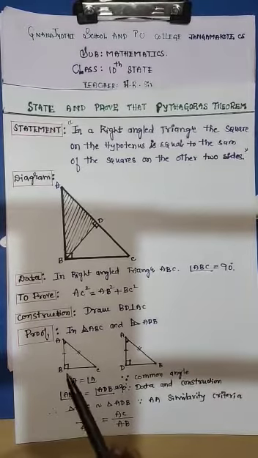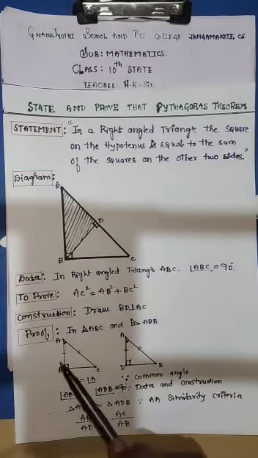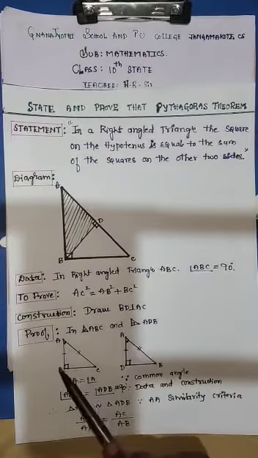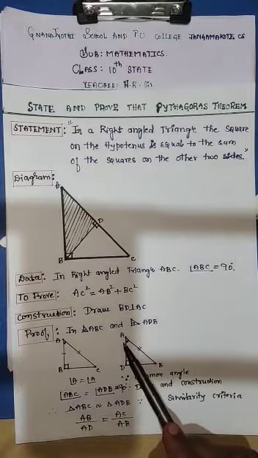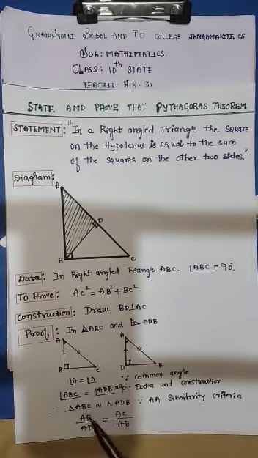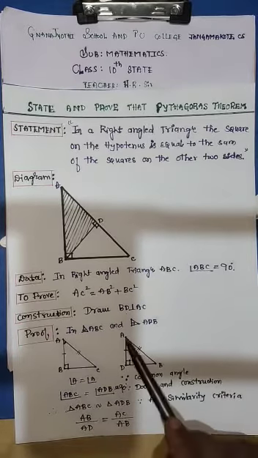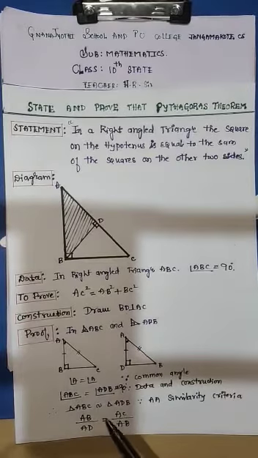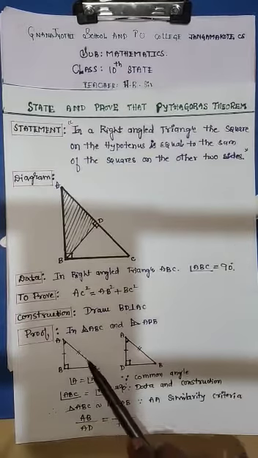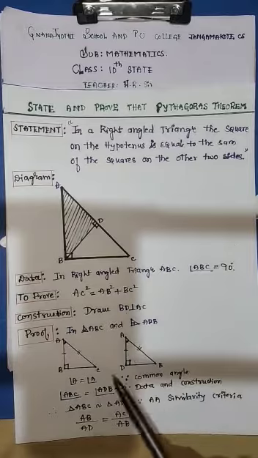It can be observed that the corresponding side of AB is AD, so we can write AB by AD equals AC by AB, the corresponding side of AC being AB.